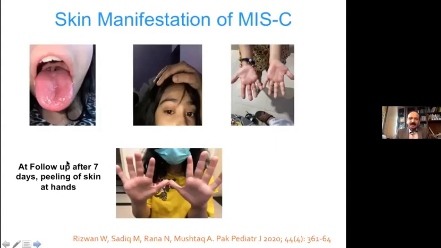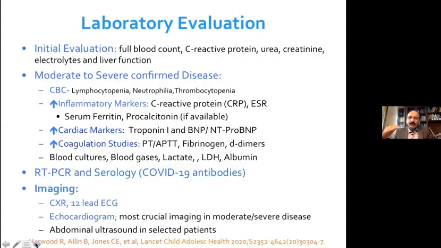This is a classical picture published by our institution. You can see redness of the tongue. You can see conjunctivitis, which can be unilateral or bilateral. You can see redness and peeling of skin from hands, and you can see they are being shown over here.